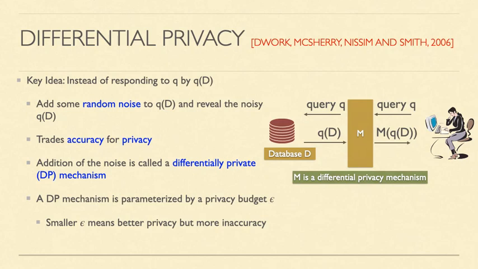So the data analyst gets a slightly inaccurate answer. The random noise added depends upon a parameter epsilon, which is called the privacy budget in differential privacy literature. And typically smaller epsilon means better privacy but more inaccuracy.